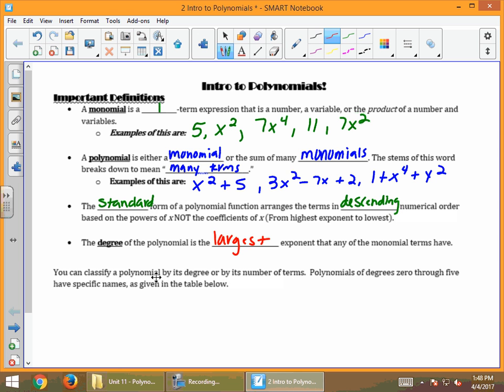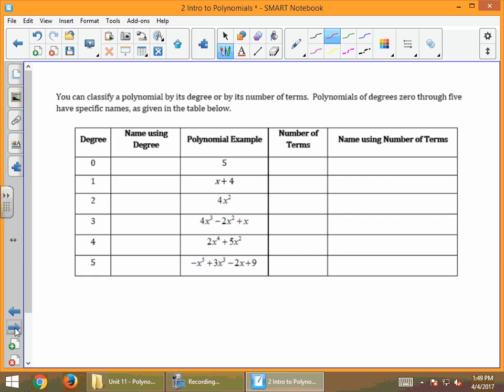We can classify a polynomial by its degree or by its number of terms, and we're going to see that in this table below. In this first row, we have something with a degree of 0, and if it has a degree of 0, it's called a constant. An example is just any number, 5.